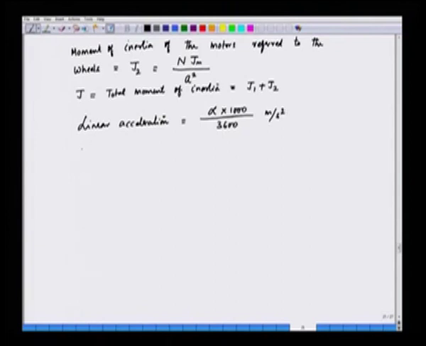And then we have the angular acceleration, that is equal to alpha into 1000 divided by 3600 into r, that is radian per second square. Now what is r here?